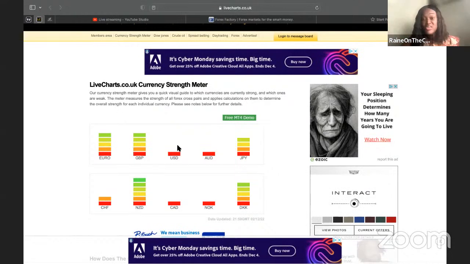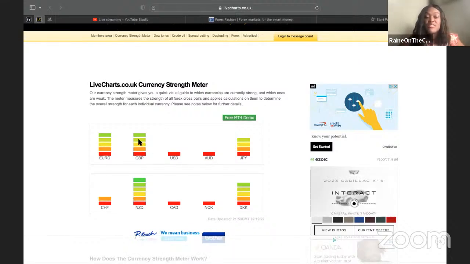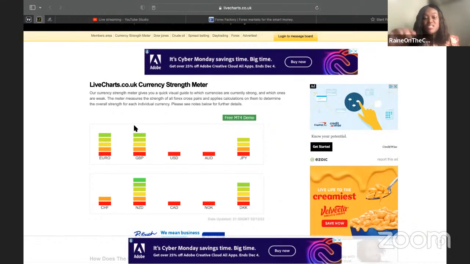When the first currency is weaker than the second currency, I want to sell or go short. Long is to buy, short is to sell, right? So that's what I am looking for. And you can tell the strength by the number of bars. 1 bar, weak. 6 bars, strong.